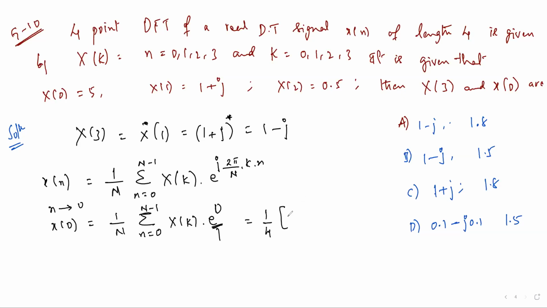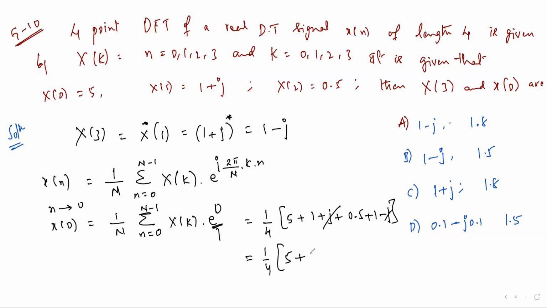That is 5 plus 1 plus j, plus 0.5, plus 1 minus j. Sum of all values divided by 4. So any cancellations here? 1 by 4, 5. Here j cancels.